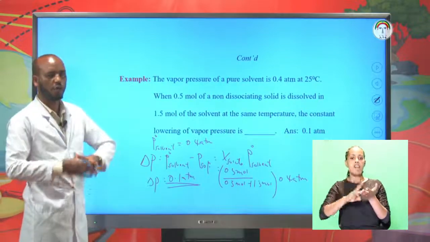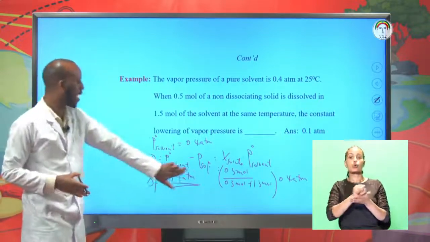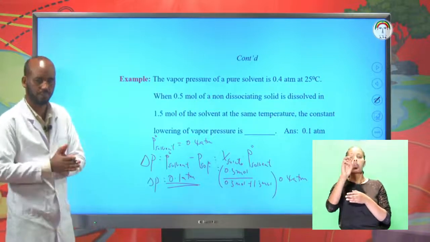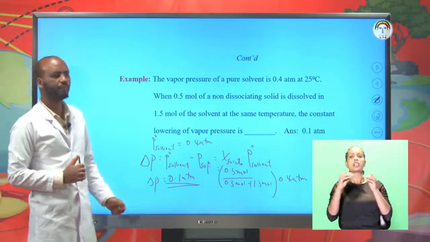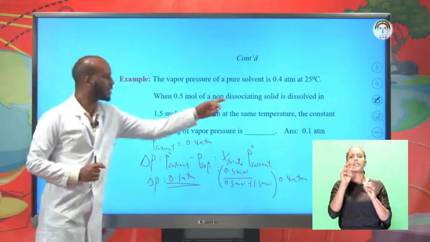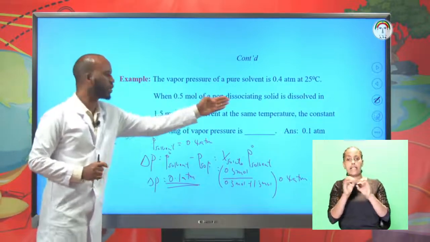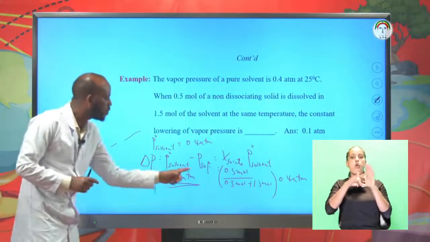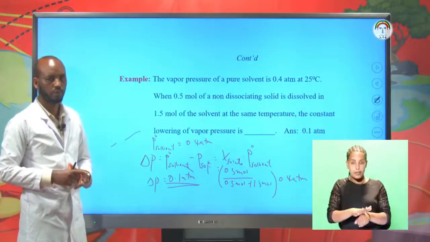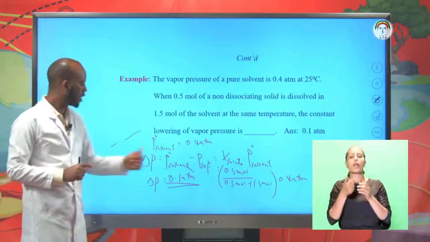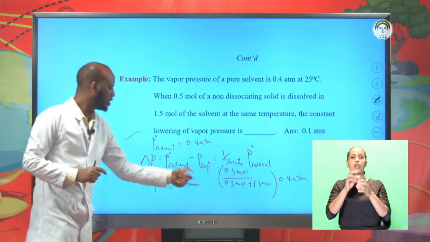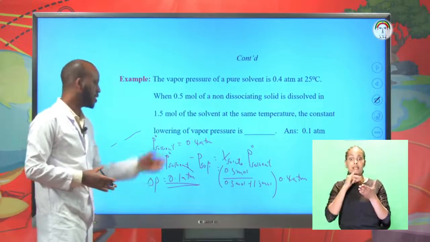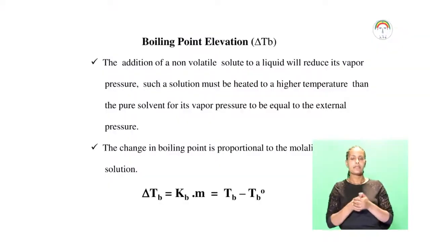Vapor pressure of a solution is lowered by 0.1 atmosphere because, as we said, addition of a non-volatile or non-dissociating solid into a solvent lowers its vapor pressure. You see, vapor pressure of the solution is lowered by 0.1 atmosphere. This is delta P of this solution.